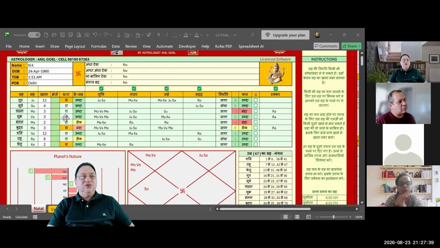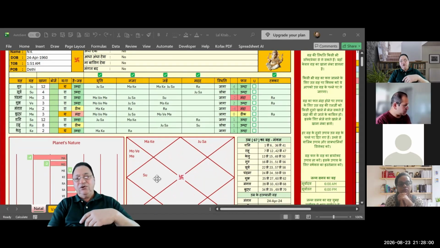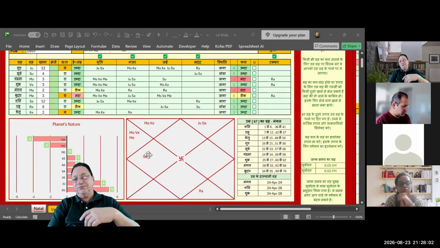Okay. So this information we fill in, like I have filled in the name, NK, this is the date of birth, time and death. This is only for our information and I'll explain to you how we use it. But then we pick up the chart, even if somebody gives you a handmade teva or a kundli or printed kundli, you will always have this information in front of you.